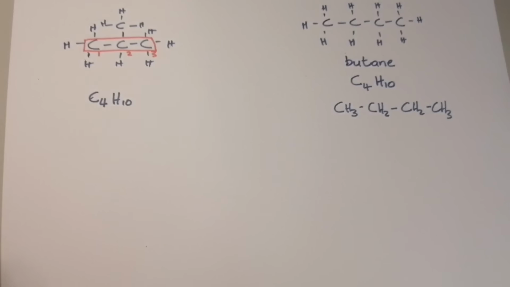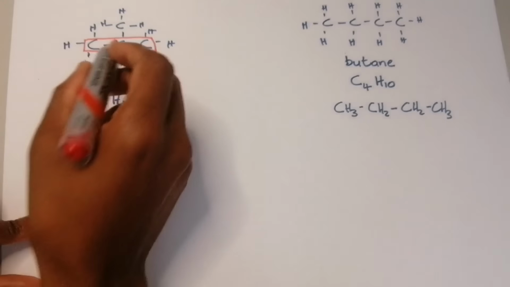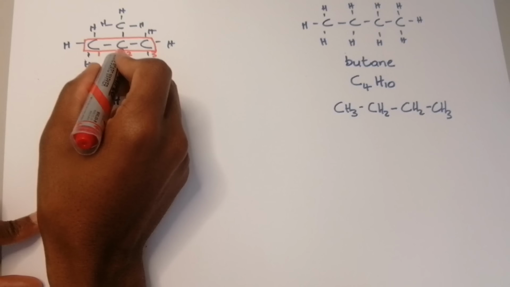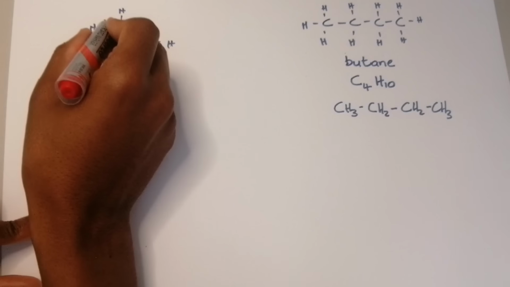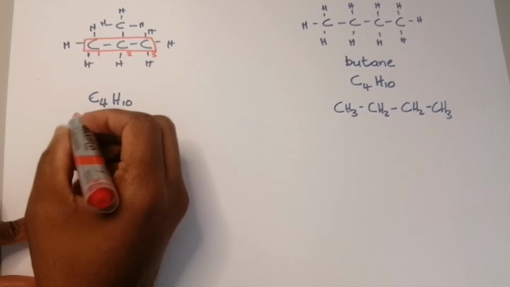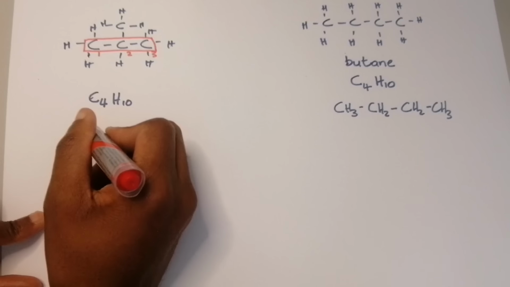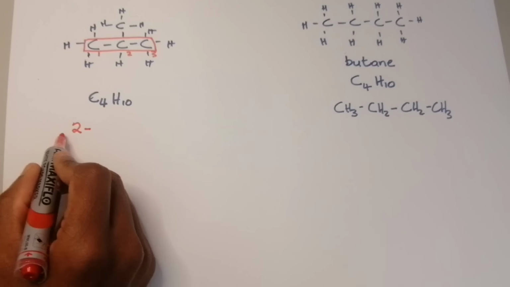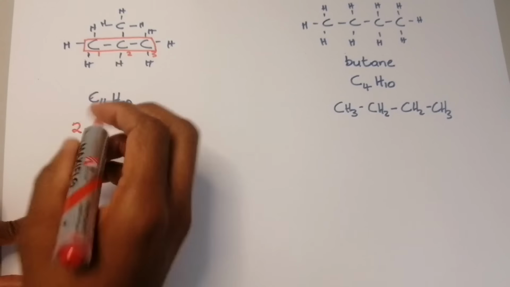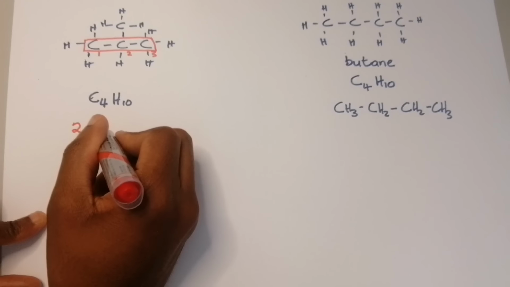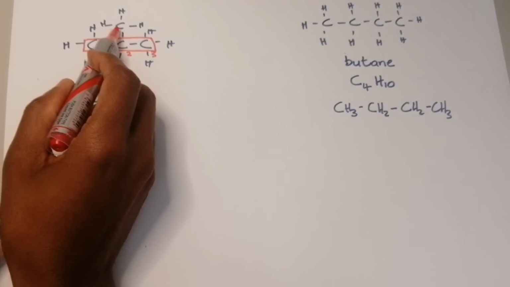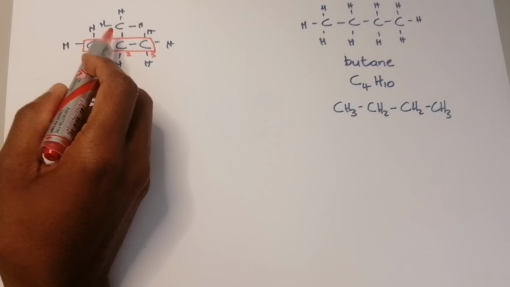So how am I going to name this one? I'm simply going to say, at carbon number 2, I'm giving an address. I've got a side chain with one carbon. So I'm going to say this is 2, showing me the address where this is taking place. I've got a methyl, and why am I saying meth? Remember, meth means one carbon. So there's one carbon there, an alkyl with one carbon.